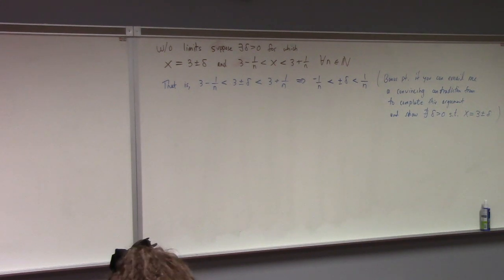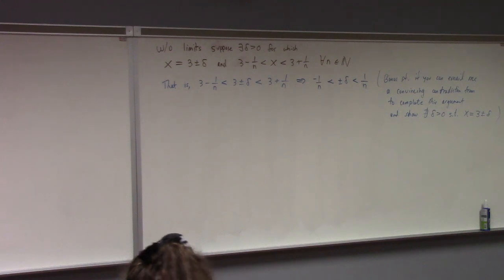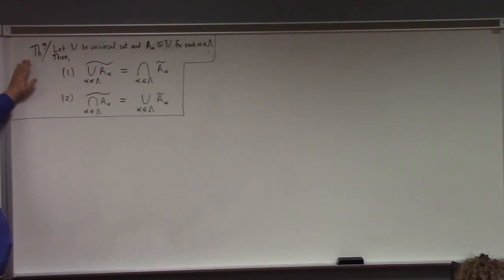So my next thing for class here is this theorem. Can you guys tell me what I'm writing here? We have U is the universal set. A sub alpha is a subset of the universal set for each alpha in the index set lambda. Then the complement of the union over alpha is the intersection of the complements.